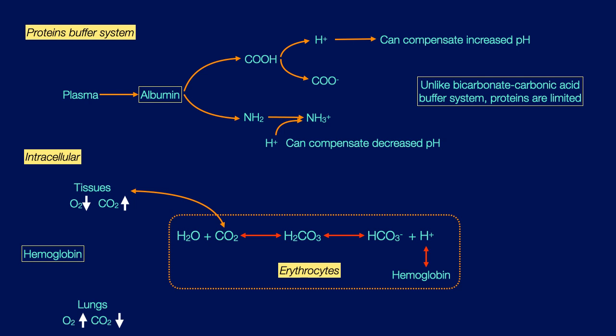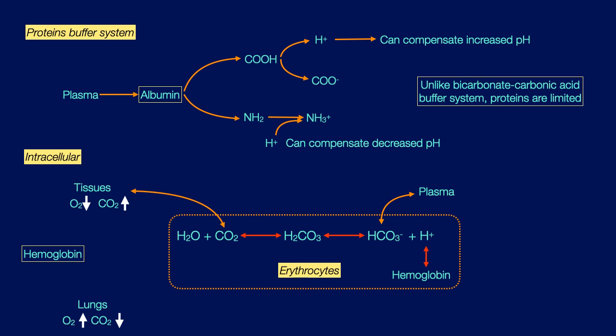The bicarbonate, on the other hand, moves into the plasma in exchange for chloride ions. And this exchange is called the chloride shift. It keeps positive and negative charges balanced. Now, once the red blood cell gets to the capillaries of the lungs, there's a low level of carbon dioxide there and a high level of oxygen.